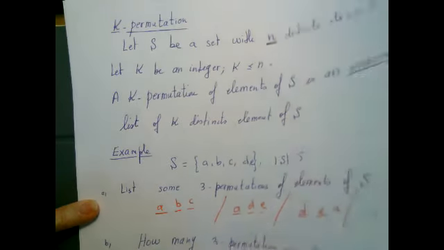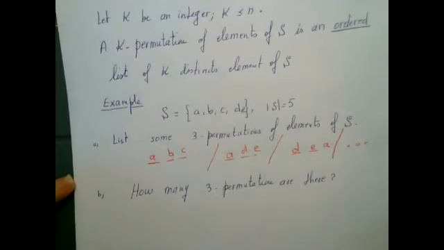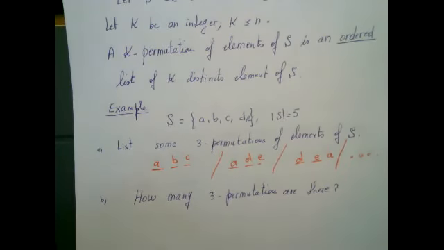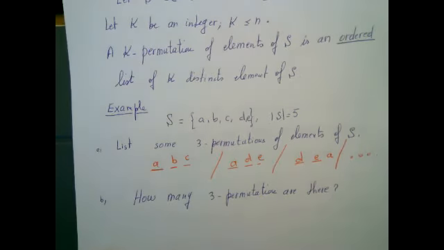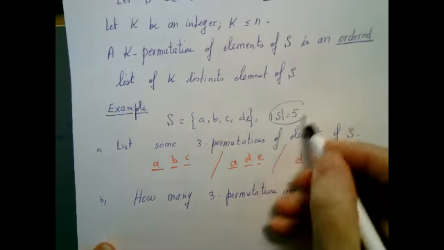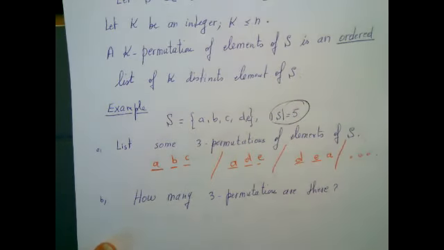Now the second question is, how many 3 permutations are there? Have we done this problem before? So I have the set S, which has 5 elements. And really my question is, how many 3 permutations?